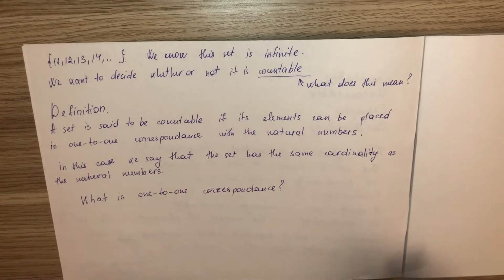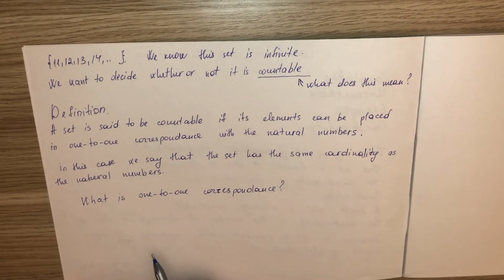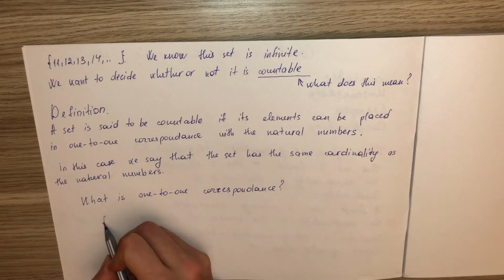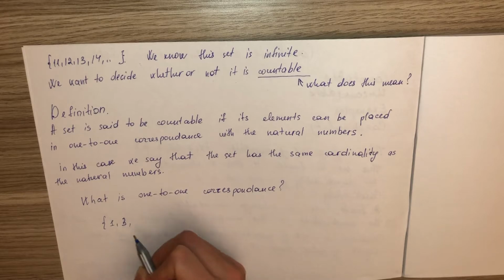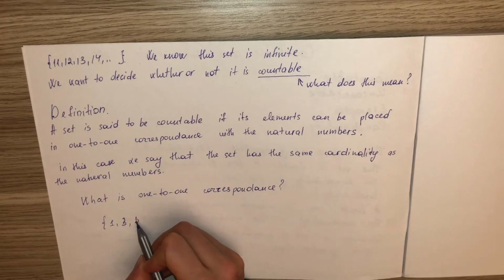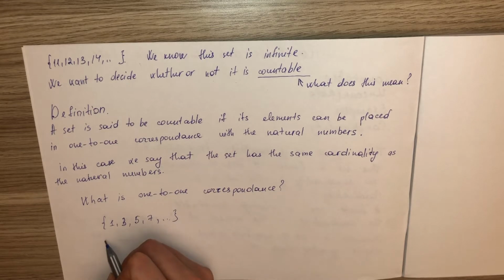But firstly, let's recall what is one-to-one correspondence. So, suppose we have two infinite sets. One is the set of odd numbers, and the second is the set of even numbers.